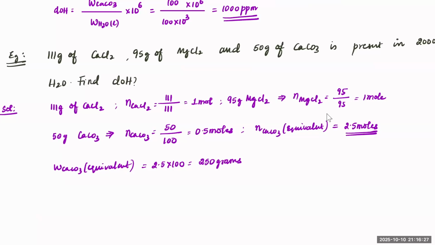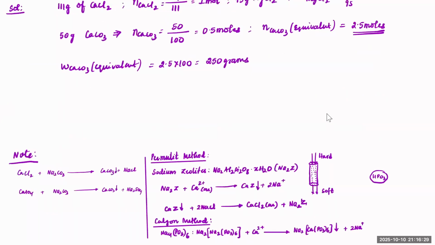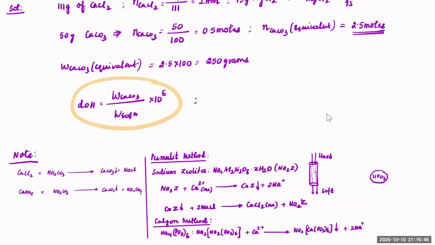Since we got the weight, what will be the degree of hardness? That is equal to weight of calcium carbonate by weight of solution, into 10 raised to power of 6. This is the basic formula for degree of hardness. So degree of hardness is 250 divided by weight of solution.